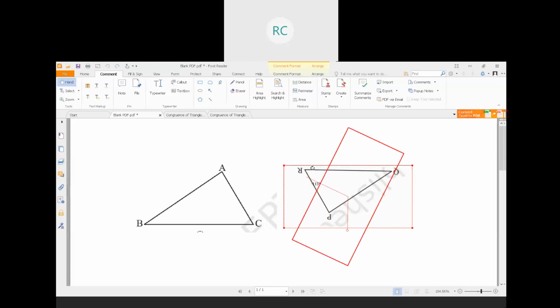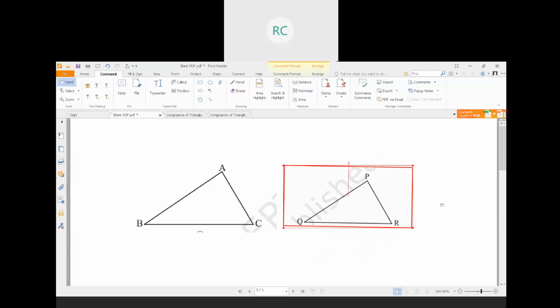So, I'll just need to rotate it. And once I rotate it, it will become PQR. Now this is same. See, now these two triangles are same. Before, it was not same. So you need to rotate the triangle and then see the corresponding angles and corresponding vertices and corresponding sides.